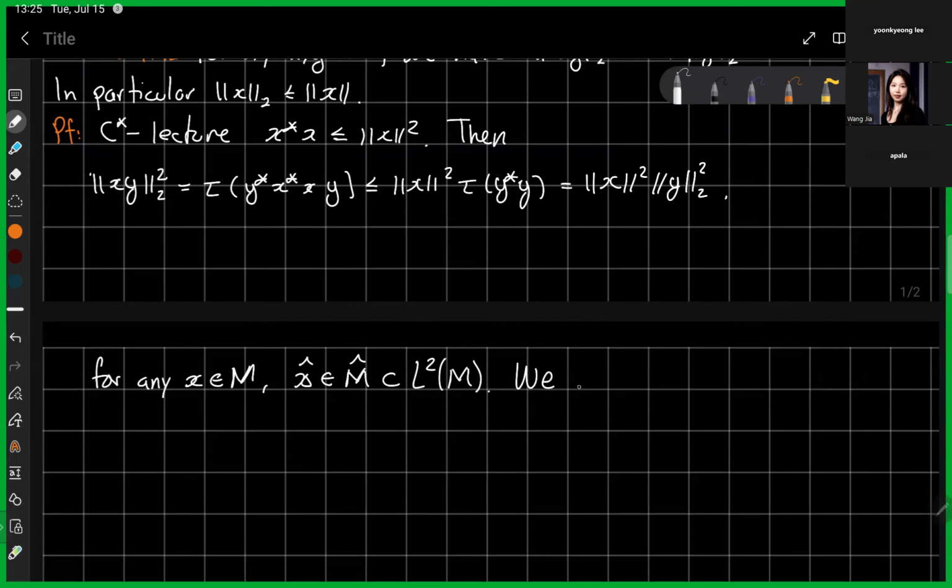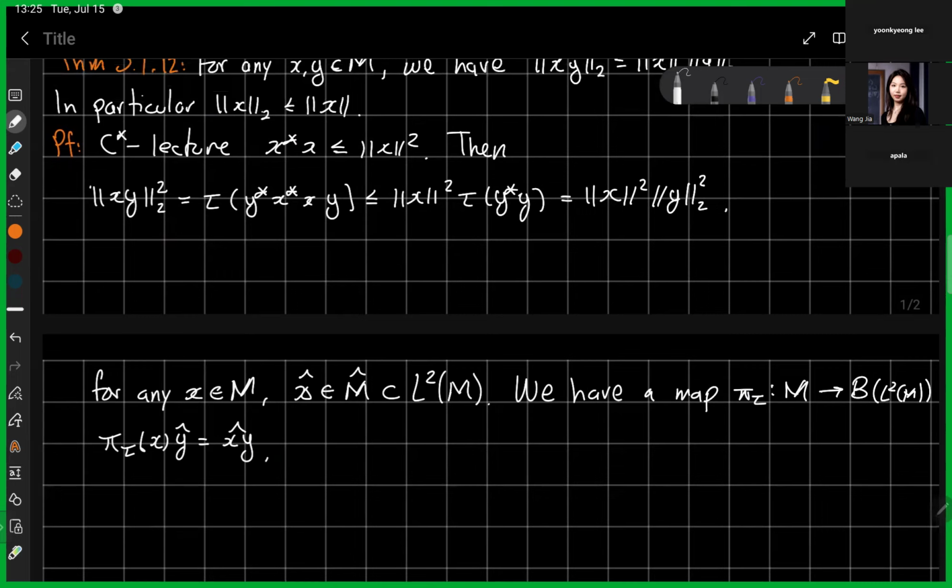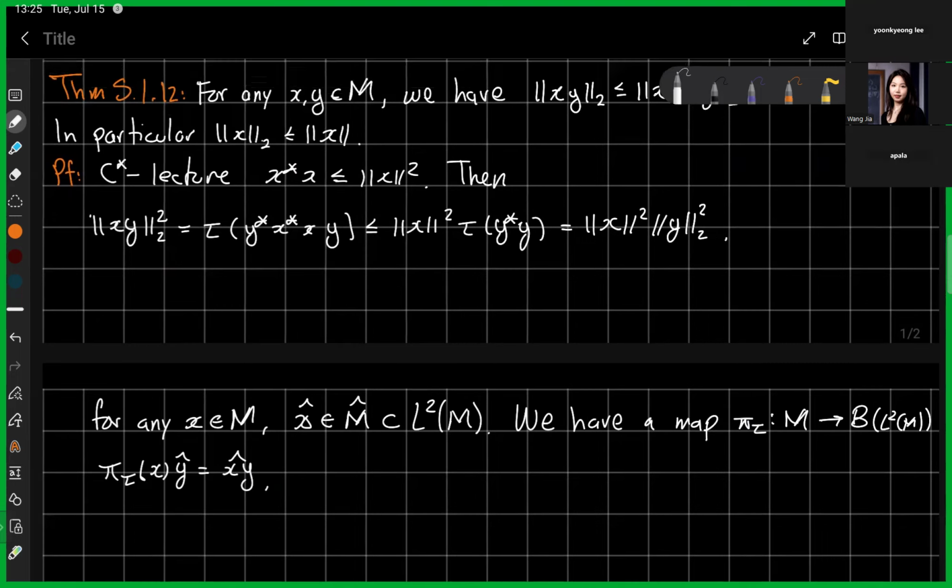So we can define a map pi tau going from M into the bounded operators on the Hilbert space. The reason we're able to define it like this is because M hat is dense and this operator is bounded by the norm of x here.